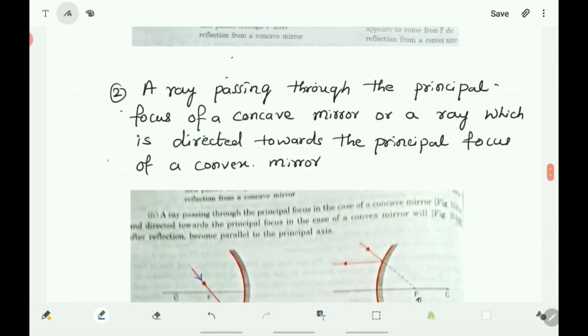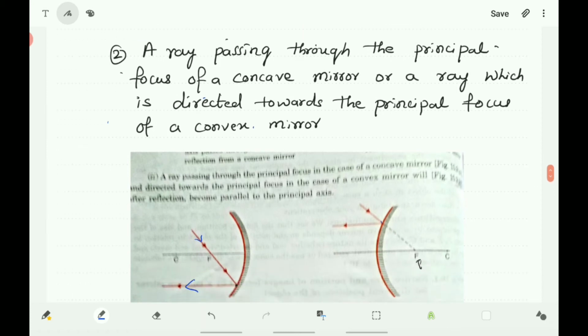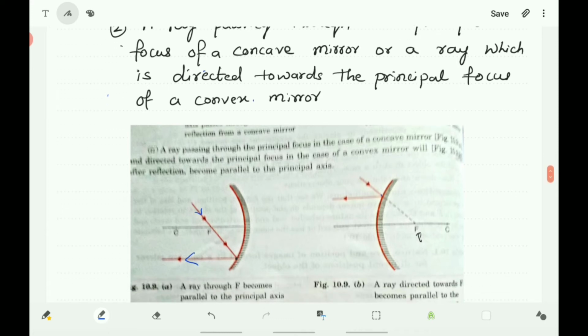Next, a ray passing through the principal focus of a concave mirror, or a ray directed towards the principal focus of a convex mirror. Consider the concave mirror. This is a ray passing through the principal focus. It reflects on the surface of the concave mirror and the reflected ray is parallel to the principal axis.